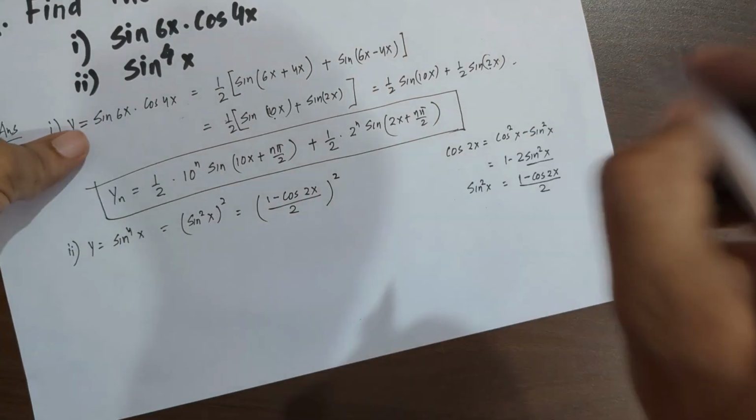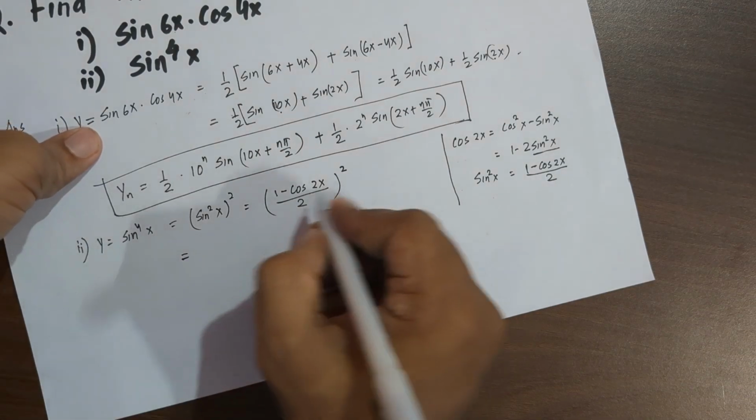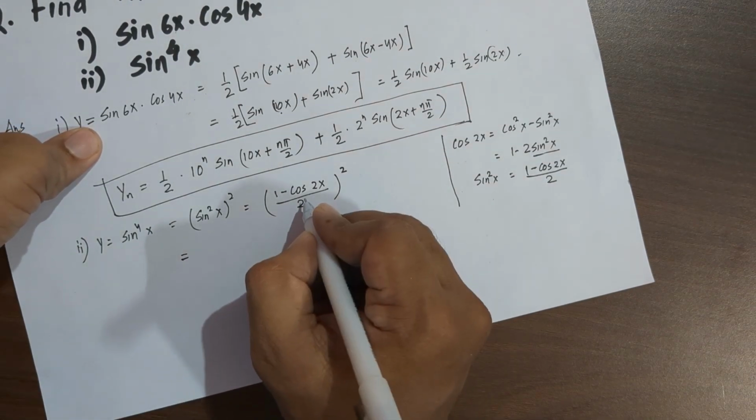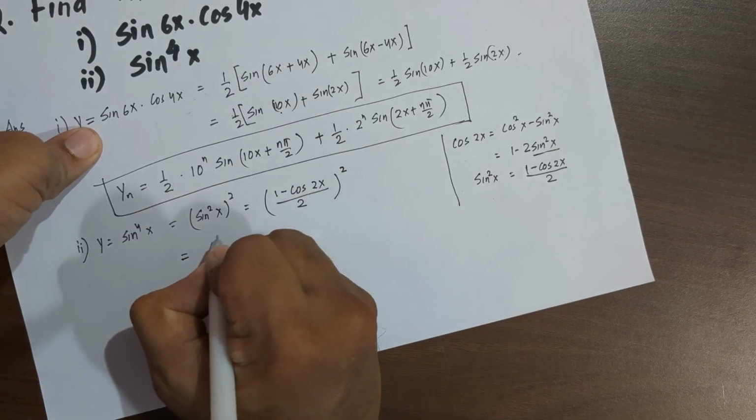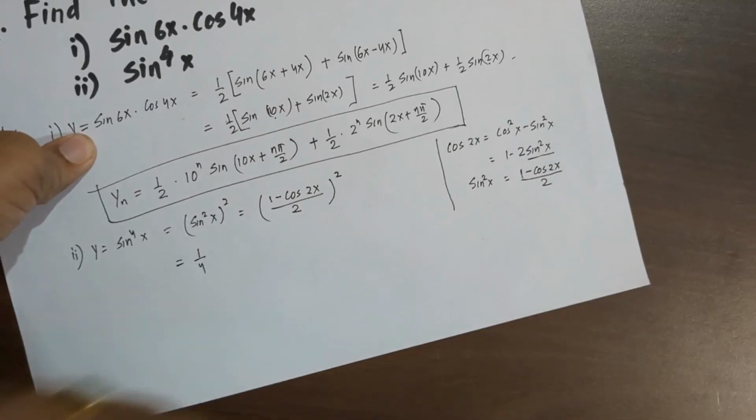Now let us use the a minus b whole square formula. In the denominator we will have 2 square, which is 4. So we have 1 over 4. Let us bring this 1 over 4 outside.